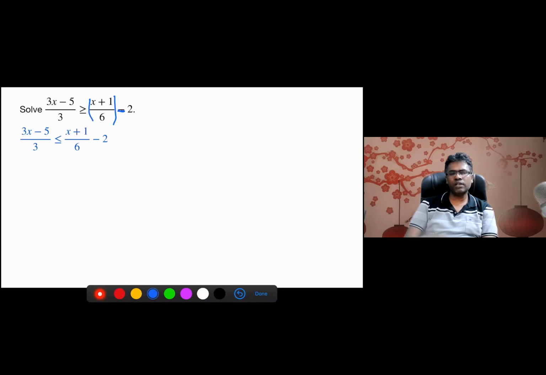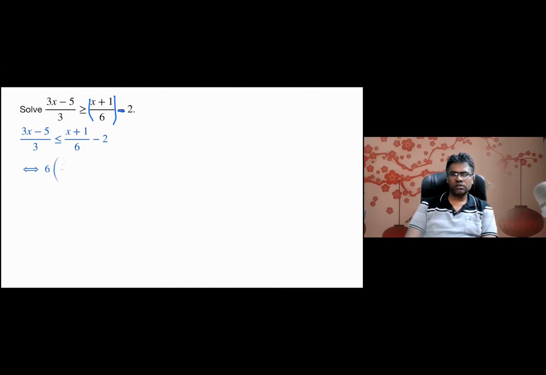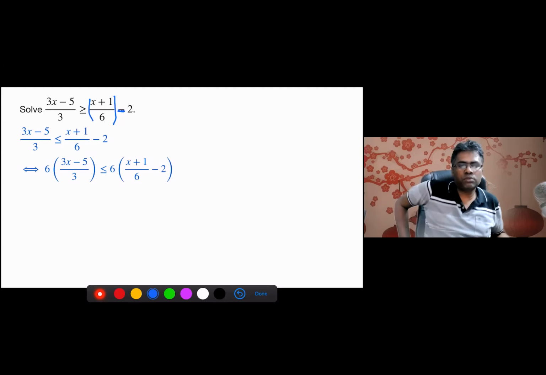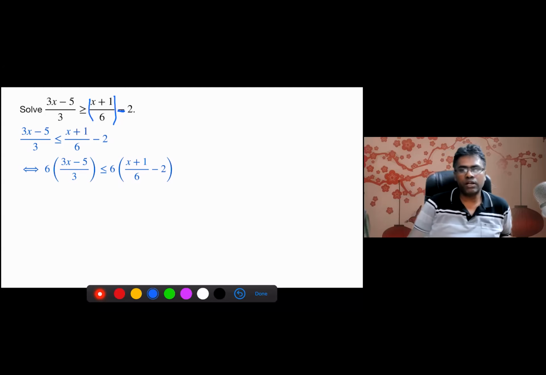Because you have 3 on one side in the denominator and 6 on the other side, conveniently we can multiply by 6 on both sides, right? Yes, sir. That's okay? Fine, Sidhu? Yes, sir. Now on the left-hand side, because you're multiplying by a positive number, 6, you don't have to flip the sign of inequality. The inequality sign remains the same.